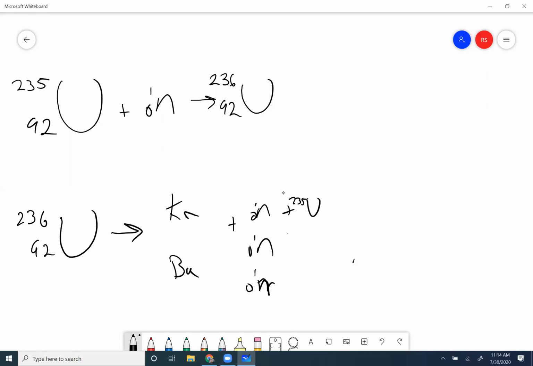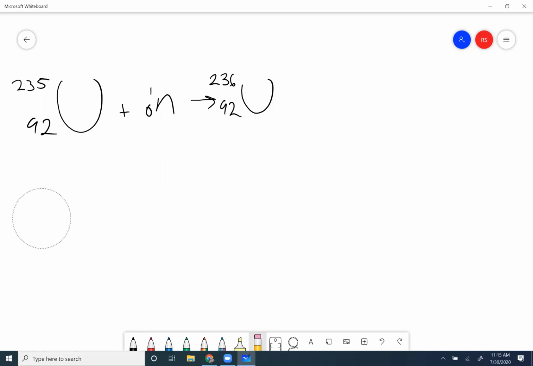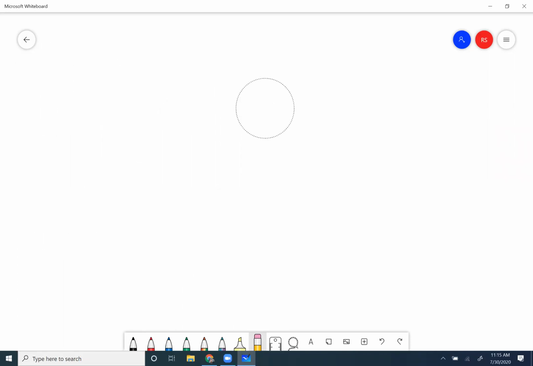They can all go and hang out with the uranium-235 and then start this reaction over again. And so that is called nuclear fission, and it will cause a huge amount of energy to be released, and it is used in the first atomic weapons.